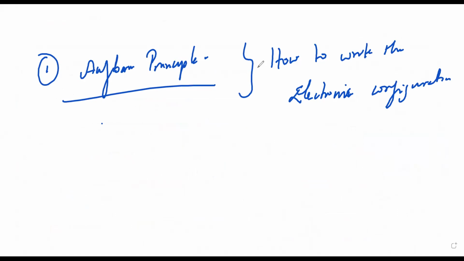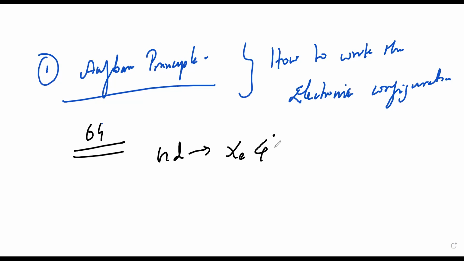So in this question, the atomic number of Gd is 64, they have given. So what is my Gd here? Xenon, then what is it? What can I write here? 4f7, correct? 5d1, 6s2.